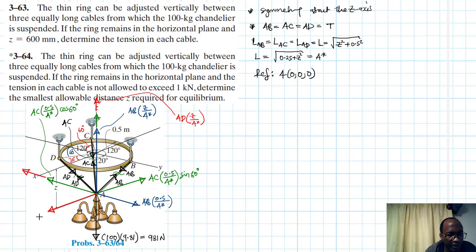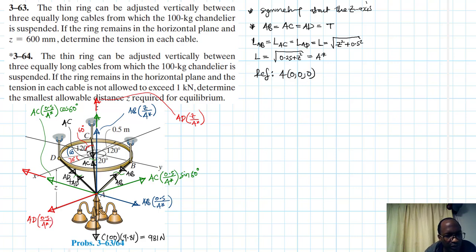And then we have AD along the x-axis, AD by 0.5 divided by A star.